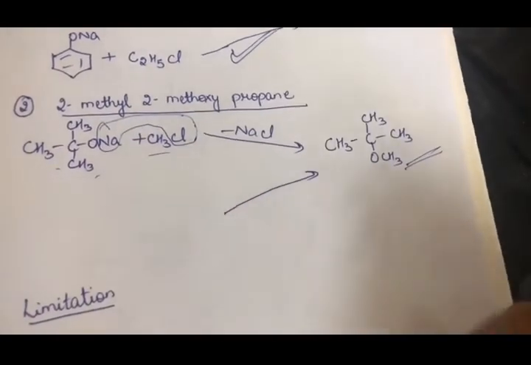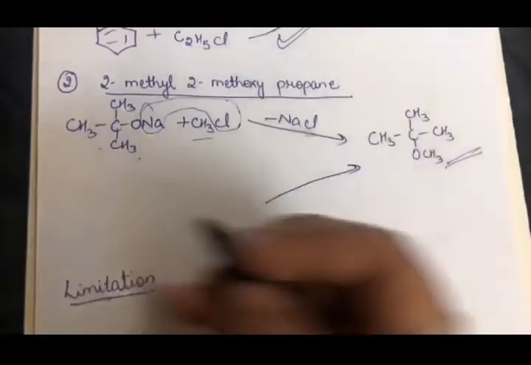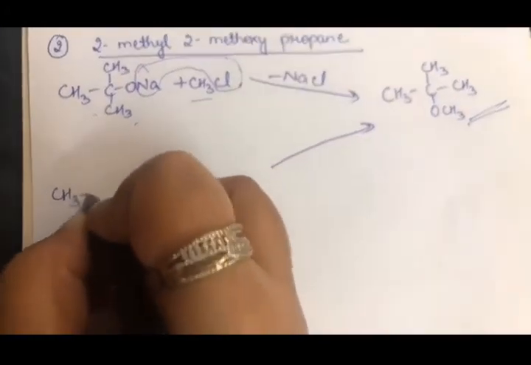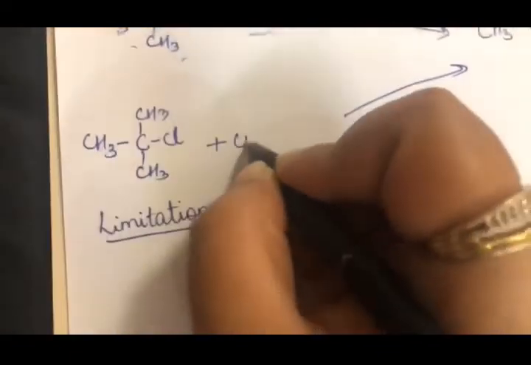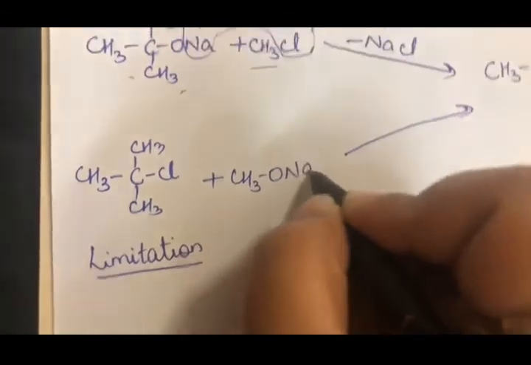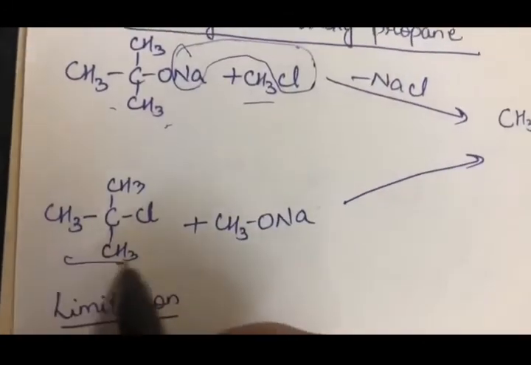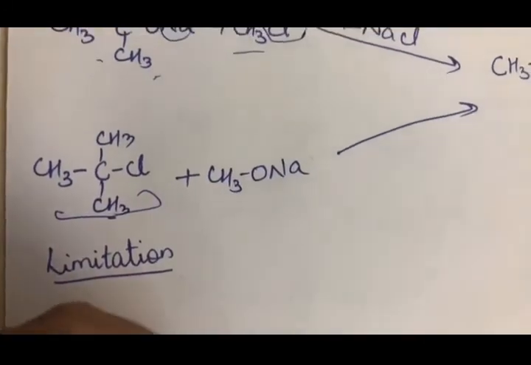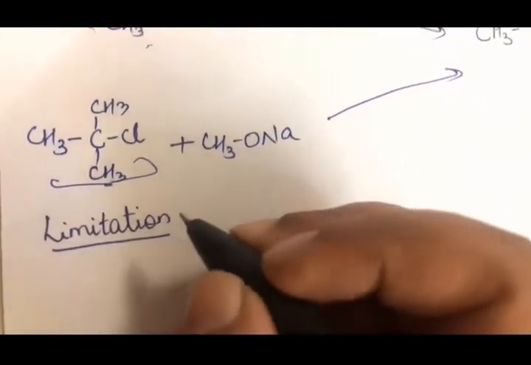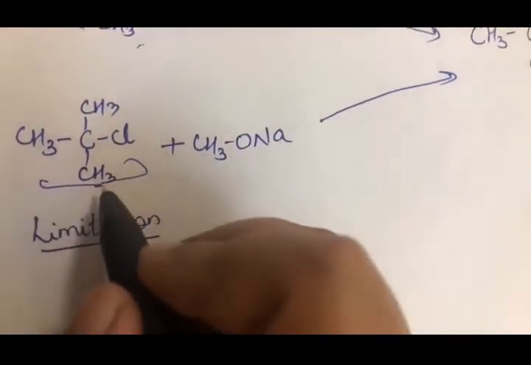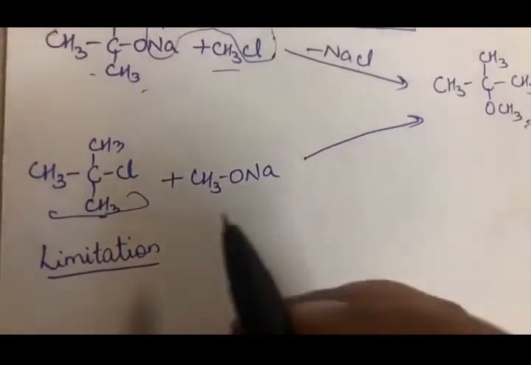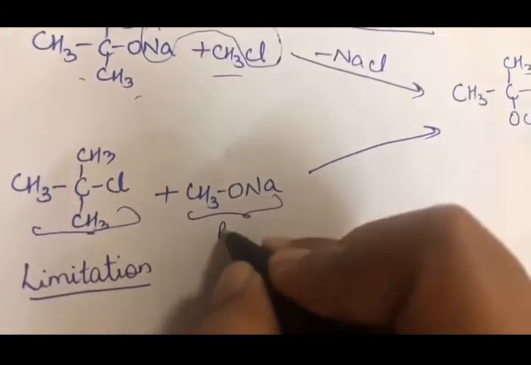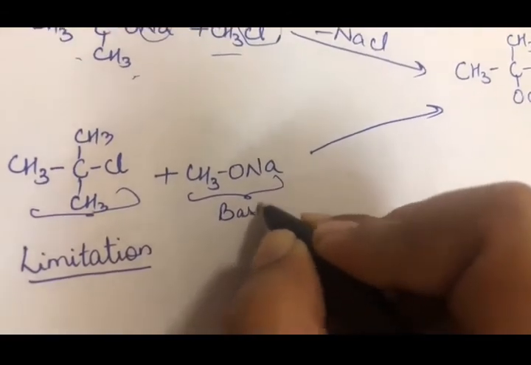And if I take the opposite one, which will be the tertiary halide, now what will happen? Now this is your tertiary halide, and as we know, it is highly reactive. It will lead to the formation of the most stable carbocation, and it will also prefer to undergo SN1 instead of SN2. This is a very strong base. It is basic in nature.